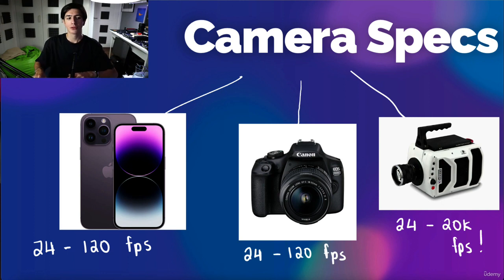Most of the cameras shoot anywhere from 24 to 120 frames per second. This is the frame rate of your iPhone or Android phone. In general, if you have a smartphone, you can usually shoot up to 120 frames per second. In DSLRs the same principles apply. You can shoot anywhere from 24 to 120 frames per second. And if you have a slow motion specific professional camera, you can shoot anywhere from 24 to, again, 20,000 frames per second.